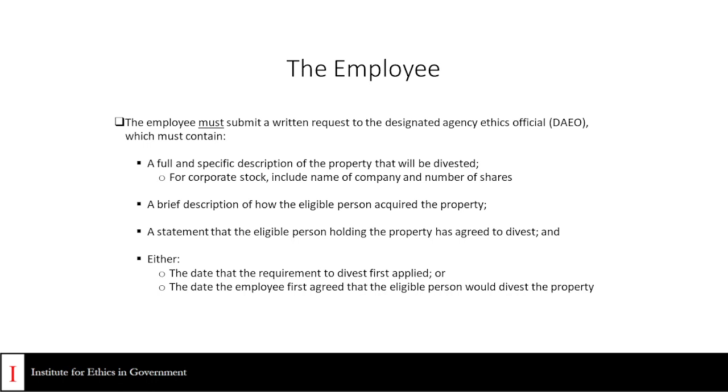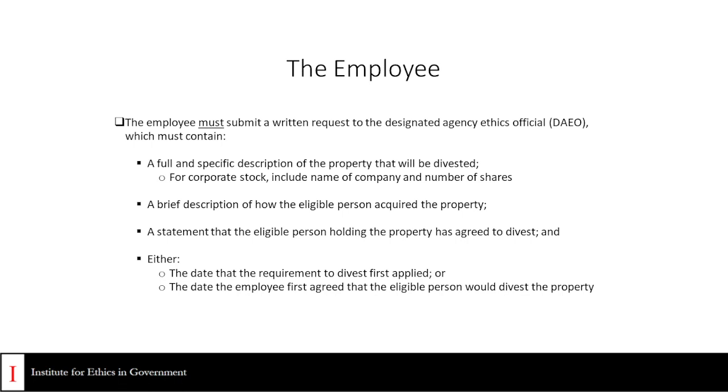The employee's request must also include a statement that the eligible person holding the property has agreed to divest the property. And finally, the employee's request must contain either the date that the requirement to divest first applied or the date the employee first agreed that the eligible person would divest the property in order to comply with conflict of interest requirements.